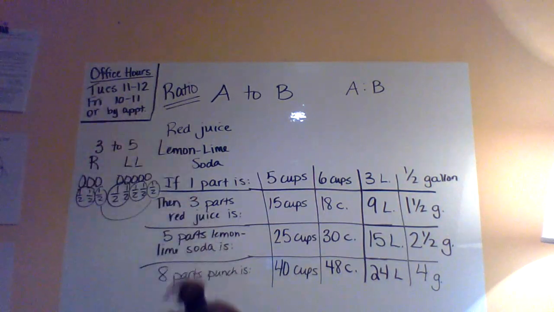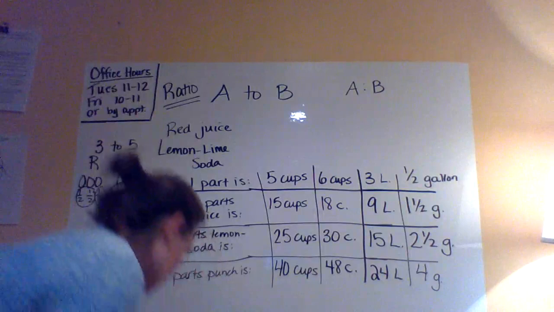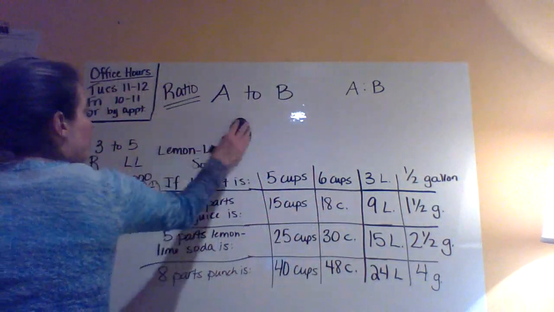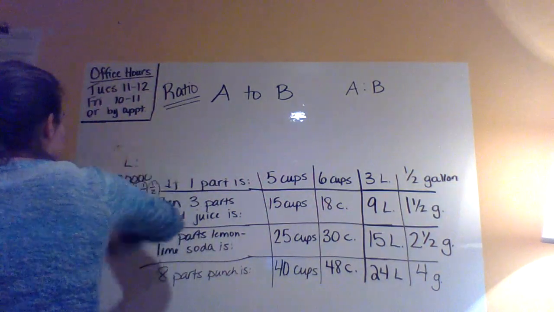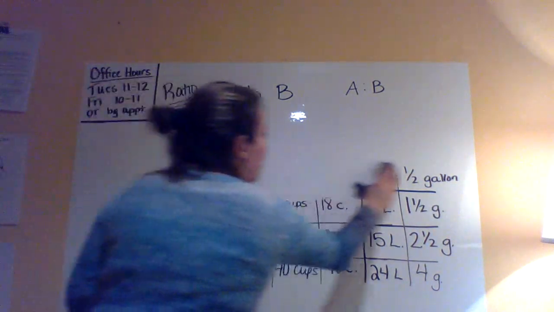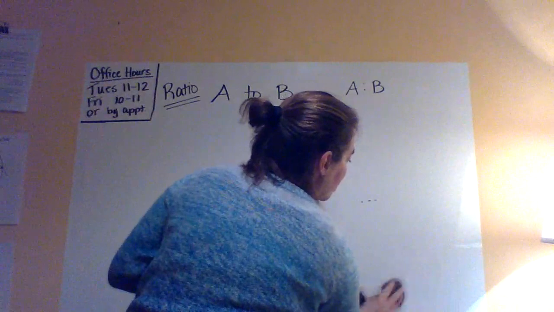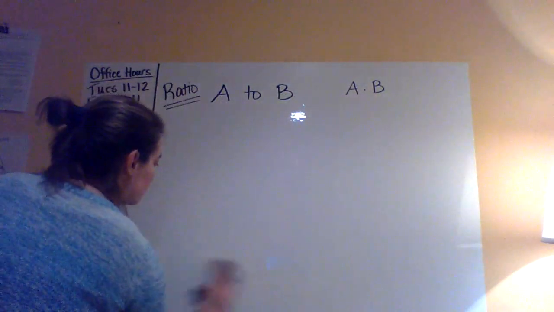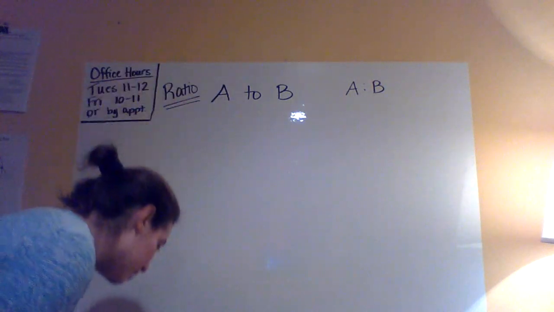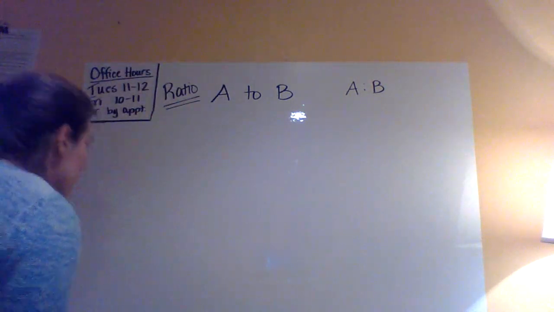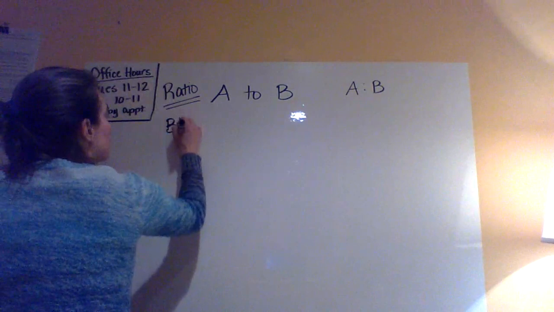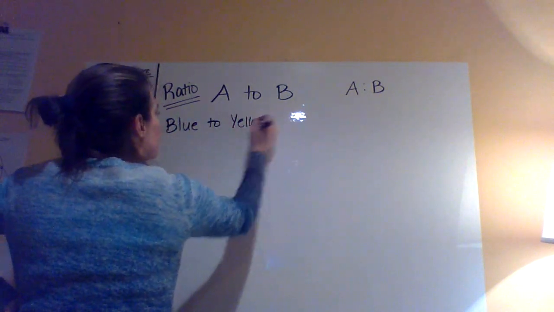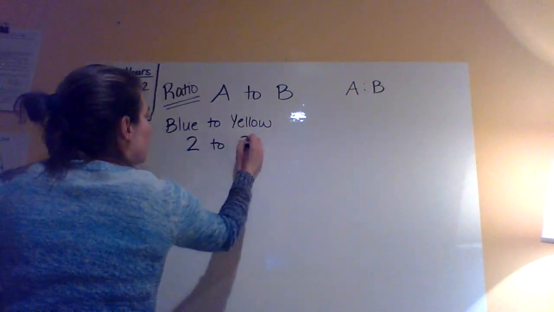All right, so let's now say that we want to make some green paint. Okay, we're mixing paint to make green paint. And so we're going to mix blue and yellow paint. All right, so our blue to yellow paint is in the ratio of 2 to 3.